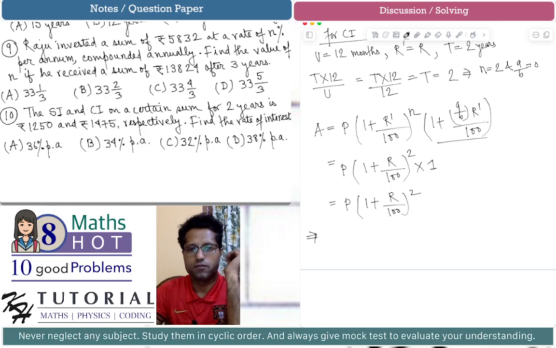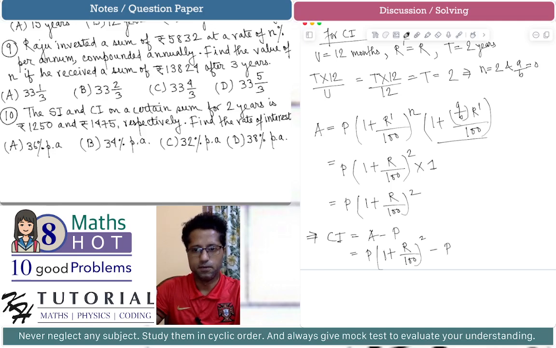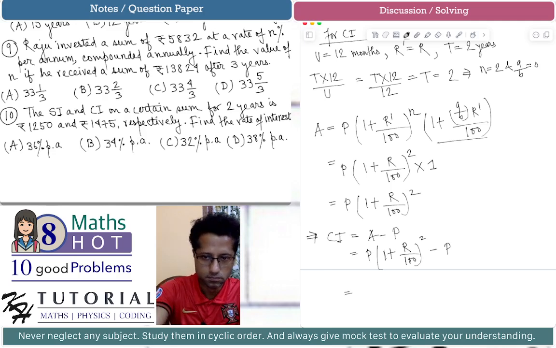Now what will be the compound interest? Compound interest is equal to A minus P, that is the amount minus the original principal. This is equal to P into (1 plus R by 100) square minus P.